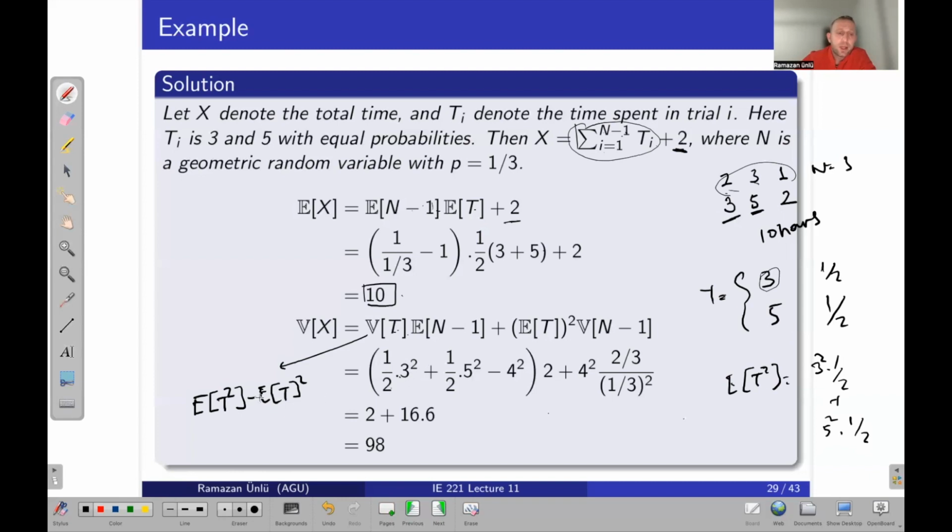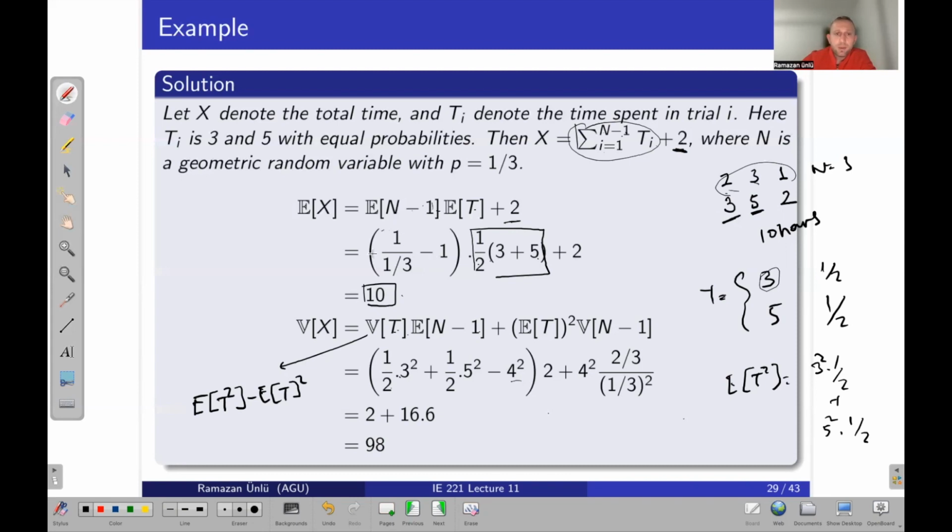And how can I calculate the square of the expected value of t? I know the expected value of t is 1/2 times (3 plus 5), and that is 4, so it will be 4 squared. And what is the expected value of n minus 1?